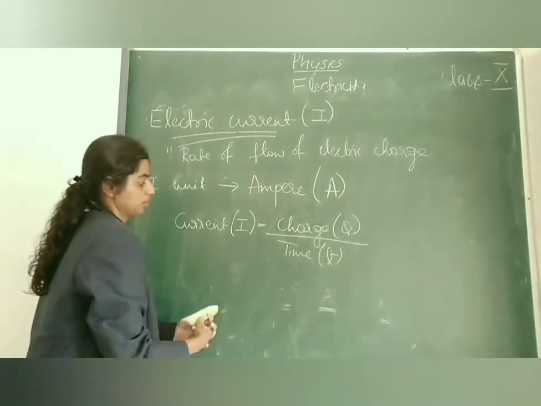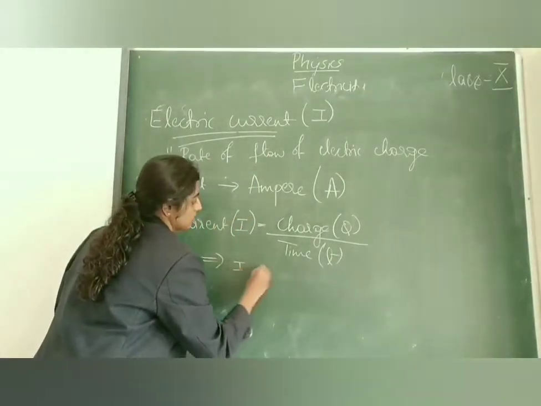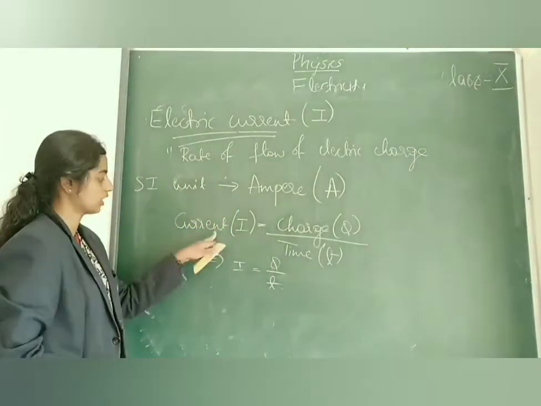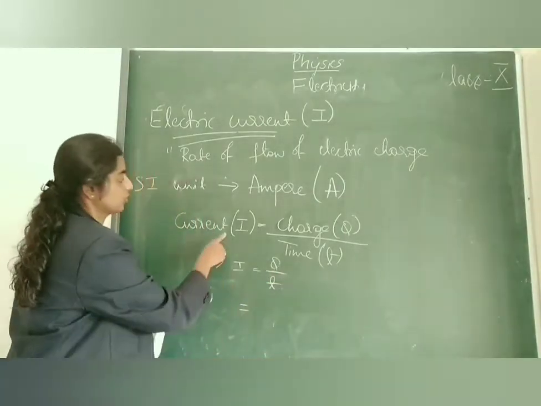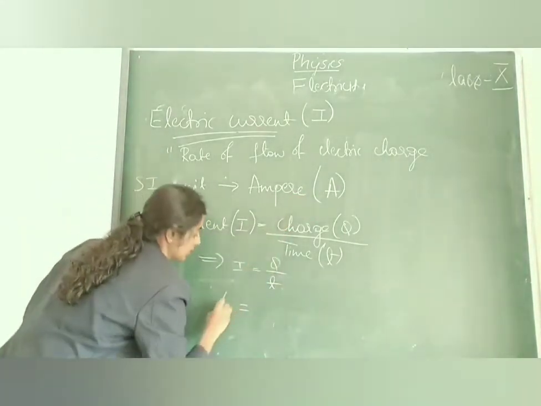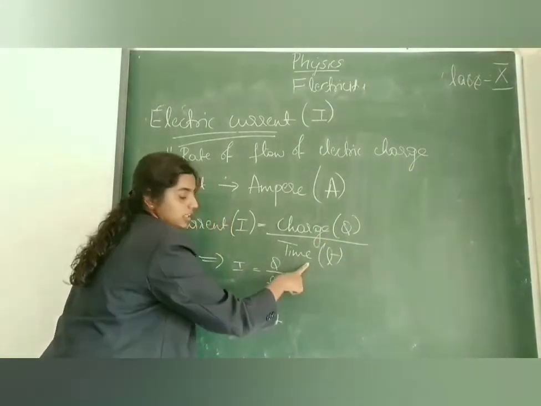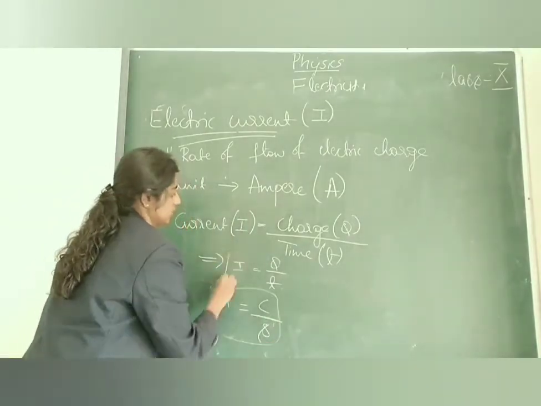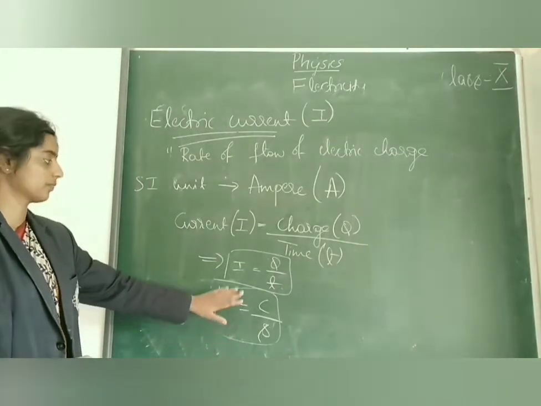This is the mathematical formula, that is I is equal to Q by T. So what is the SI unit for current? The SI unit of current is ampere. Ampere is equal to coulomb by second, since the SI unit of charge is coulomb and the SI unit of time is seconds. This is our formula and this is related to SI units.